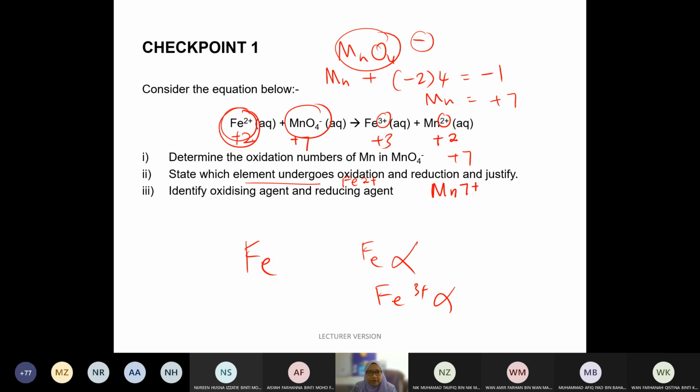So this one tadi oxidation, iron 2+ oxidation, that means dia Fe, dia become Fe juga kan. So dia lah agent dan dia sendiri yang undergoes oxidation. So kalau kita start dengan reducing agent, the answer will be Fe2+.